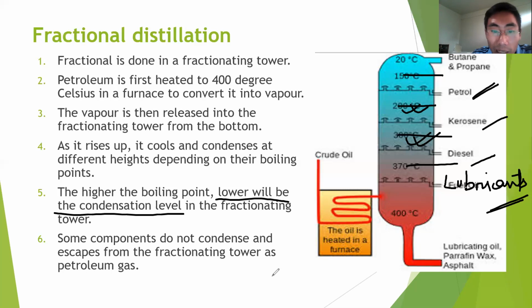And these condensed components, which are now separated, are collected and used for their respective purposes. Now, some components do not condense and escape from the fractionating tower as petroleum gas.